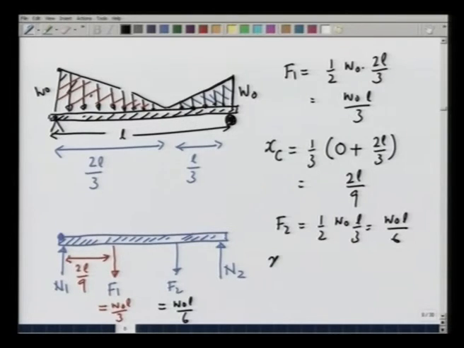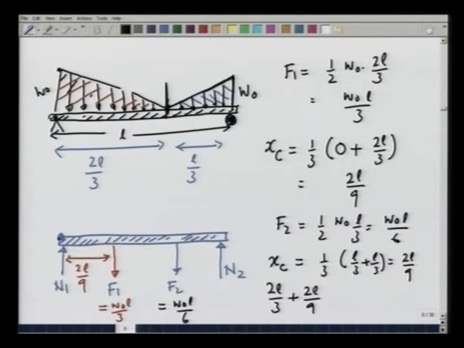The centroid with respect to this point, the point in the middle, is going to be at a distance of 1/3 of L by 3 plus L by 3, which is 1/3 of 2 L by 3, 2 L by 9. So, the distance from this point, the corner, is going to be 2 L by 3 plus 2 L by 9, which is nothing but 8 L by 9. So, the force here acts at 8 L by 9.